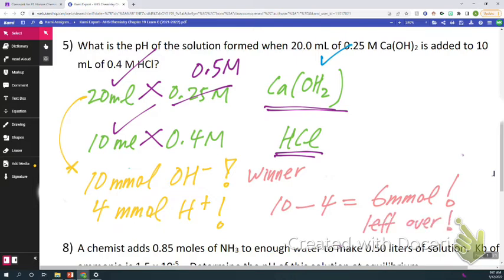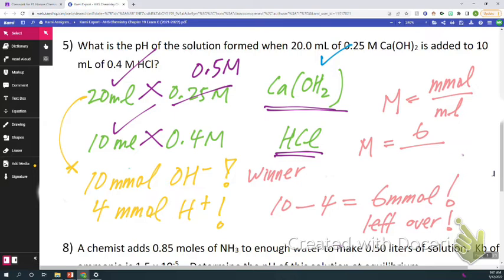Now, molarity, remember, is millimoles over milliliter. And you need to find molarity of OH minus, so you can negative log it to get pOH, and then subtract from 14 to get pH. This problem was very hard. So what do you have to do? Molarity equals 6 left over.